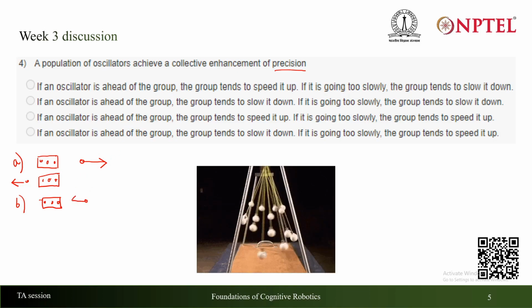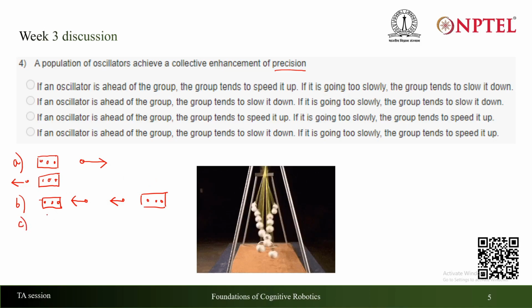Okay, so they're approaching, but if it is going slowly, then also it slows down. So basically in the second case, they will lose precision, whereas in the first case they might achieve precision, but in the second case they will lose.